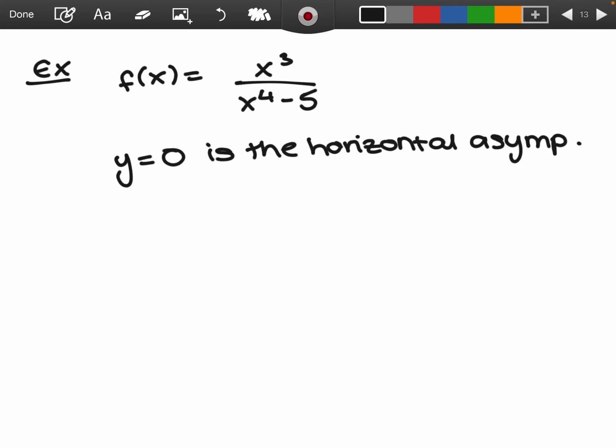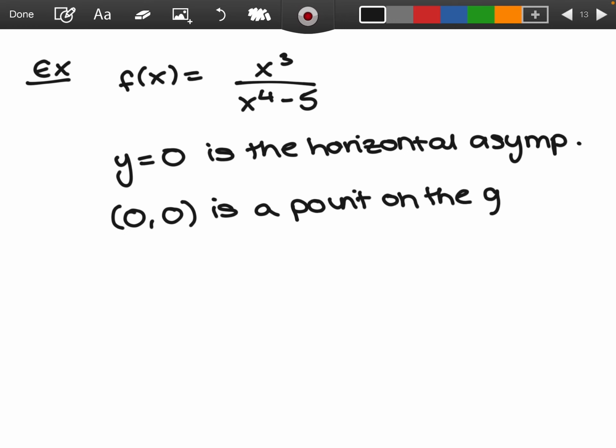Okay, it satisfies this function. 0, 0 is a point on the graph of this function. Doesn't happen all the time, but in this case it does, that you end up with a particular point that satisfies this function that is also on that horizontal asymptote. Okay, just kind of be aware of that.